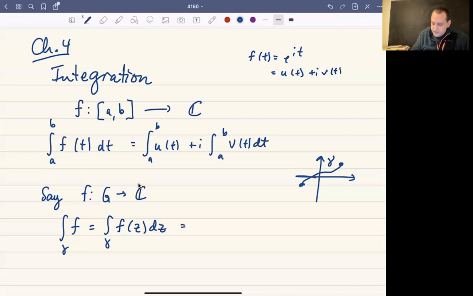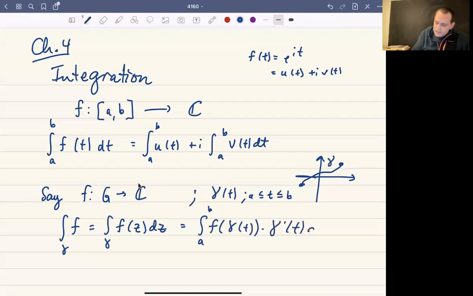But this is going to be defined as follows. Let's say gamma parameterizes this curve, and gamma has inputs from a to b. Then this is going to be defined as the integral from a to b of f of gamma of t times gamma prime of t dt. Okay, so that's how that line integral is going to be defined.